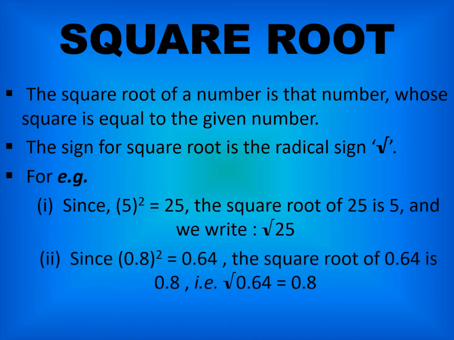Since we know that square of 5 is 25, the square root of 25 is 5, and we will write 25 in root. For another example, we know that square of 0.8 is 0.64, so the square root of 0.64 is 0.8.